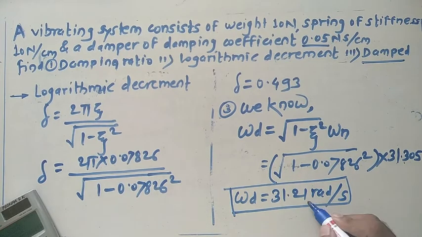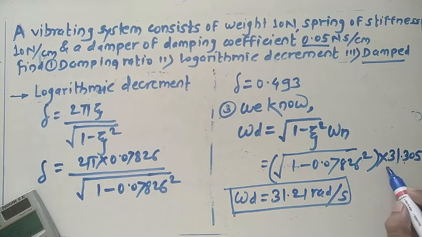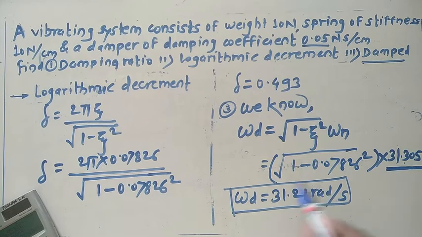If we compare this value with the natural frequency obtained, okay, so this is the natural frequency omega n with us. If you compare this with this one, ultimately the value for omega d found is less than this value. Okay, why? Because this is the damped natural frequency. Here we can get the difference.